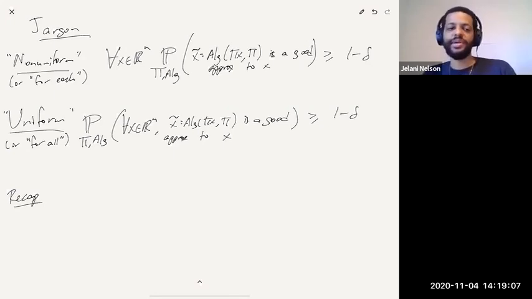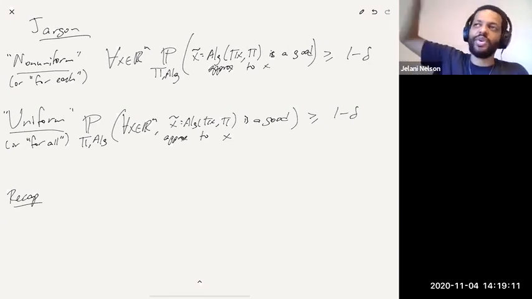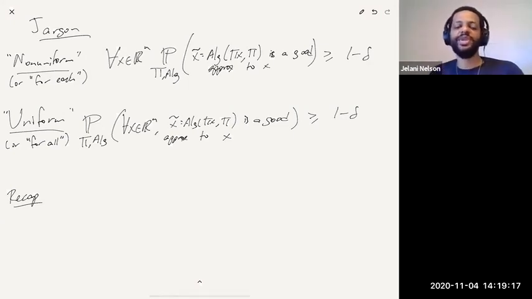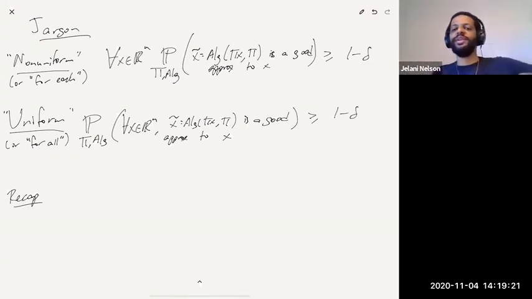We covered that back when we were talking about fast JL. But historically, as you're going to see, you can get RIP matrices from JL. Krahmer-Ward, the surprising thing when that paper came out in 2011, was they showed the converse, that if you have an RIP matrix, you get JL.